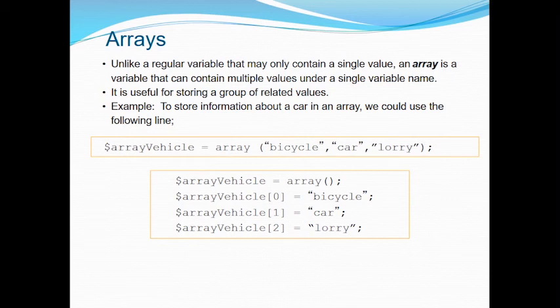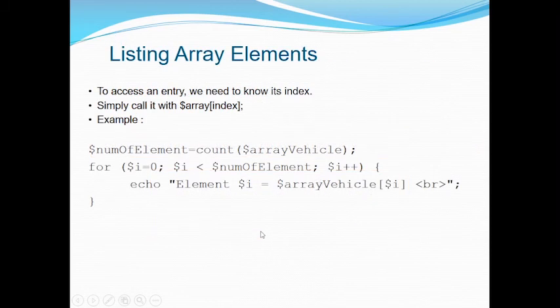If you look at the slide over here, you find out that the array is arranged based on the index, and in this array there are three indexes which start from 0, 1, and 2. If you want to retrieve the values that are located inside the array, you have to retrieve based on the index value that's already been set inside the array. We can access all the array elements by using a special PHP command called count.